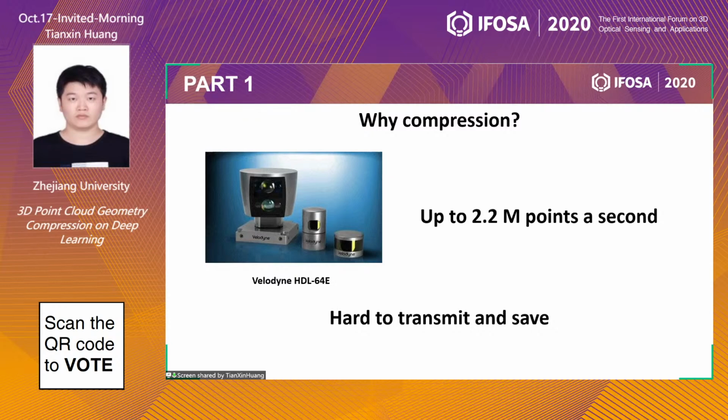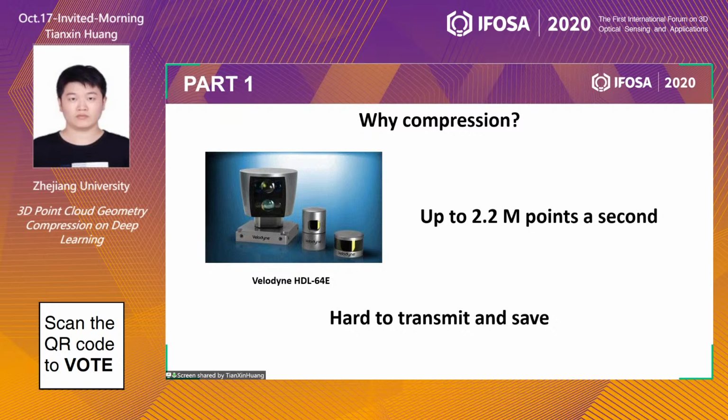For AR and VR, high resolution models are also needed. They contain large numbers of points, so it will be hard to transmit or save so many points directly. Good compression algorithms can improve the transmission and saving efficiency largely.